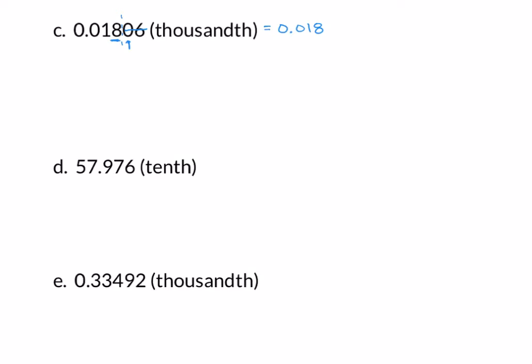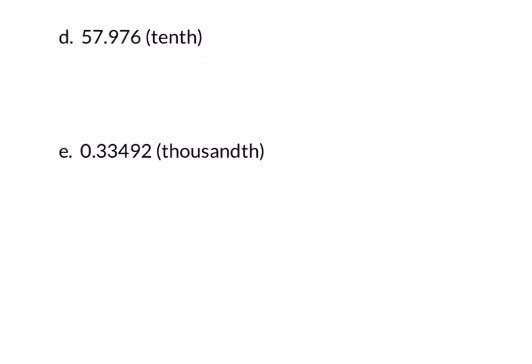All right, example D. We have 57.976. We want to round to the nearest tenth. 9 is in my tenths column. I'm going to put my dashed line. We look at the 7. Since it is bigger than 5, we're going to round up.